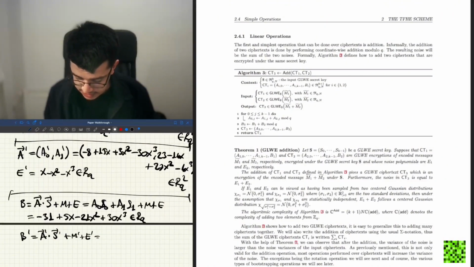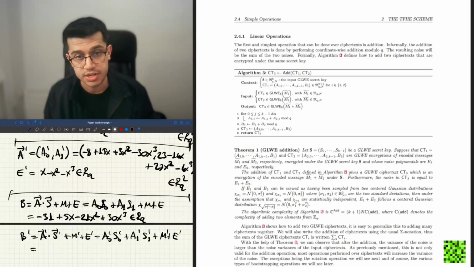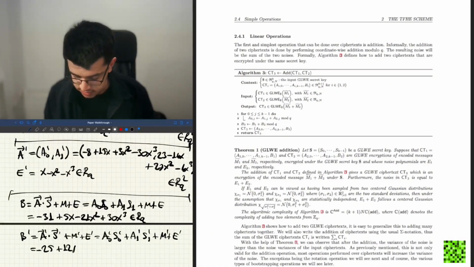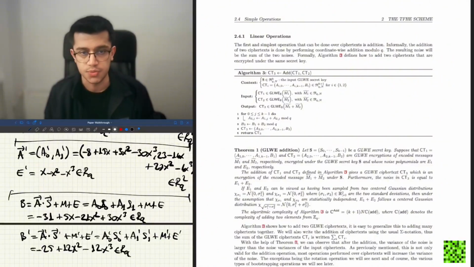For b prime, you will have obviously a prime vector dot s prime vector plus m prime plus e prime. That is gonna be equal to a0 prime s0 prime plus a1 prime s1 prime plus m prime plus e prime. And when you perform the calculation, it's supposed to be equal to minus 25 plus 12x plus x squared minus 12x cubed from RQ.